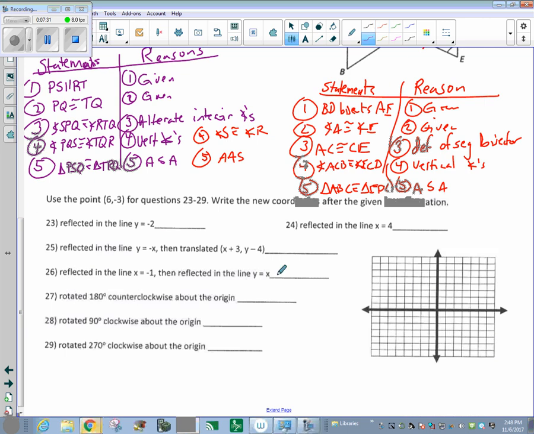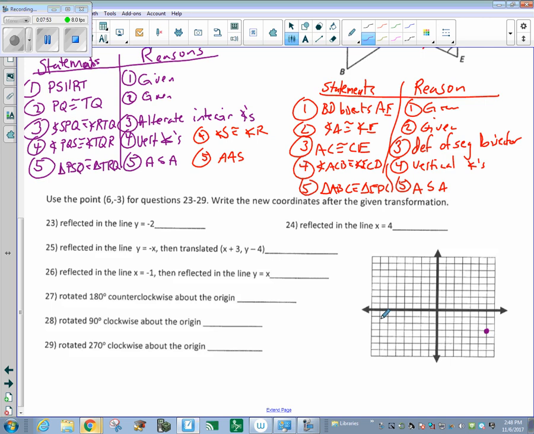All right, now we're going to talk about our reflections and all of that fun stuff, and we're transforming stuff. So we're going to start by taking the point 6, -3. This point right here will be our base point, and we're going to reflect it across the line y equals -2.